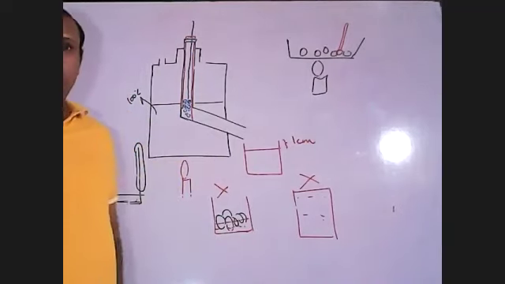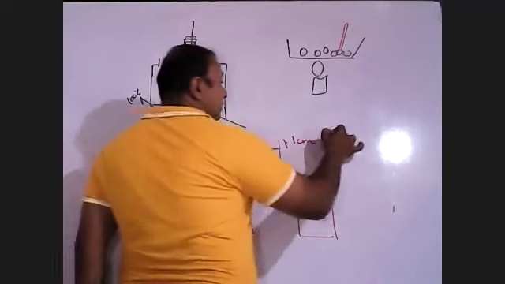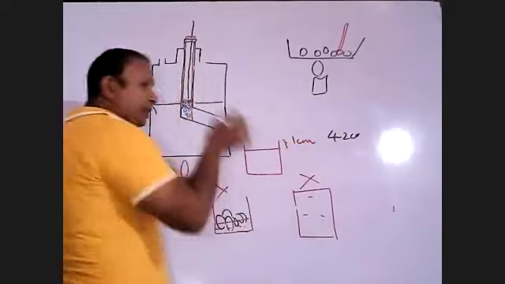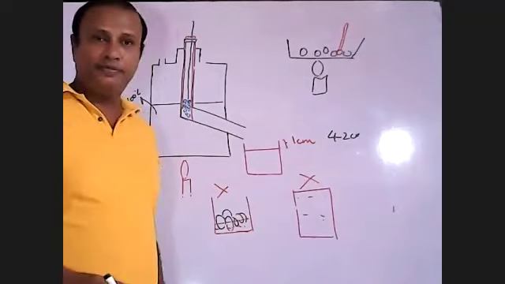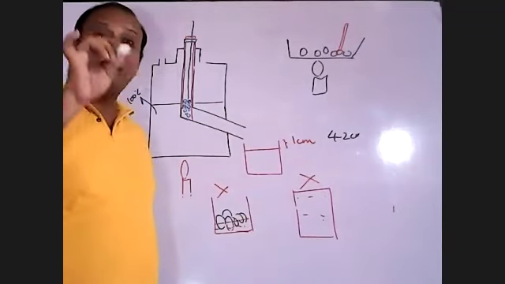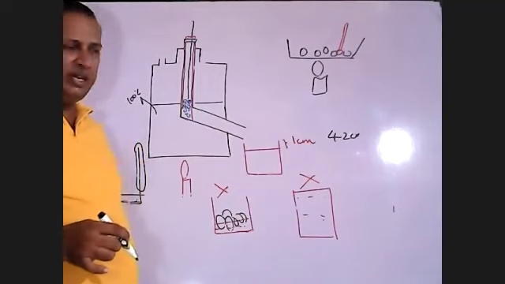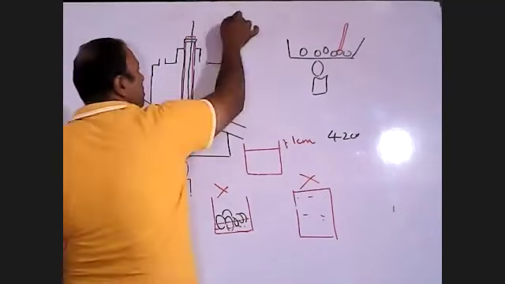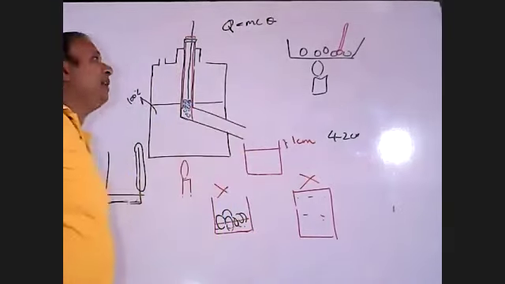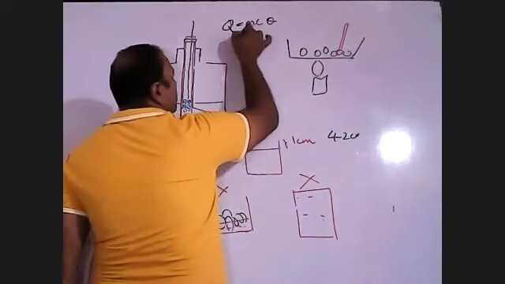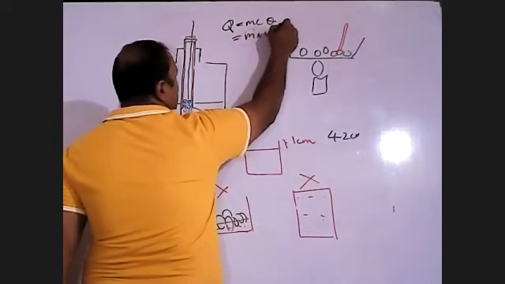So you know the C value of water. It is a relatively very high value, 4,200. So if there is a very small mass change here, according to Q equals m c theta, C is 4,200, m into 4,200.